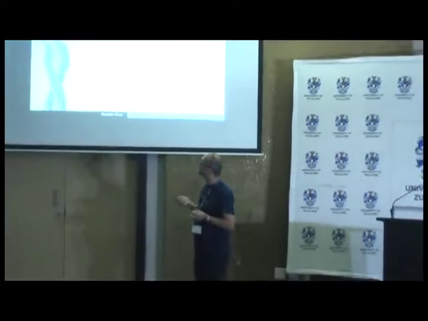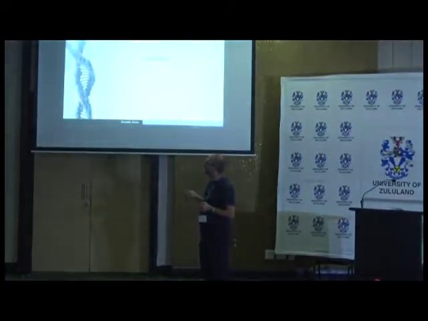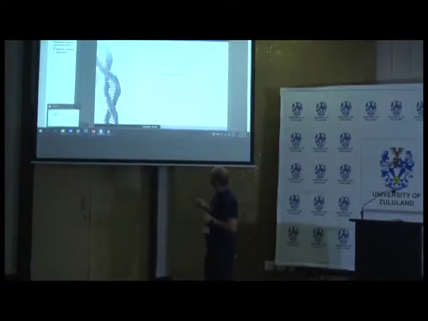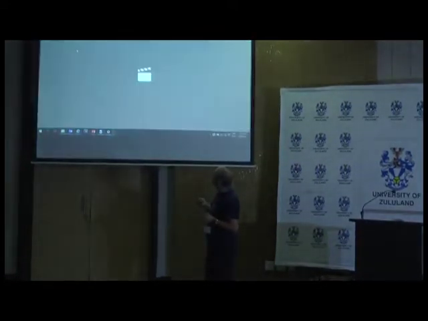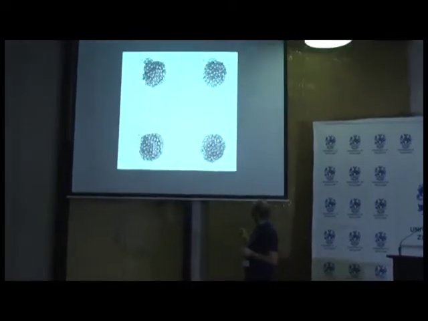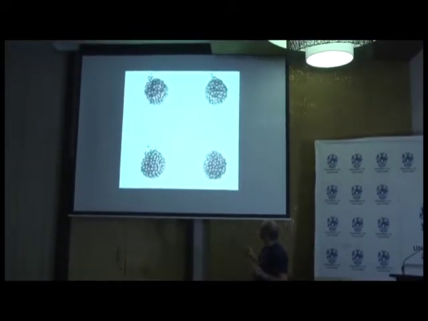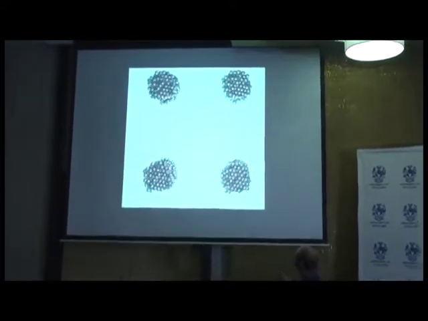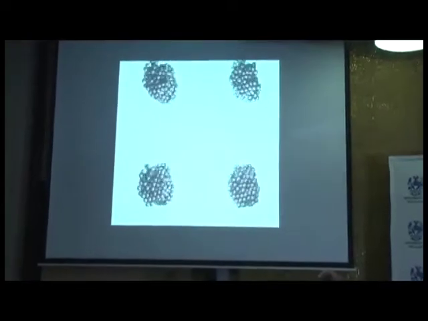So may we have the first movie, please. On the movie you will see a simulation of argon liquid. This is just an argon droplet. From time to time you will see order. Like now you see that the balls are in a plane.